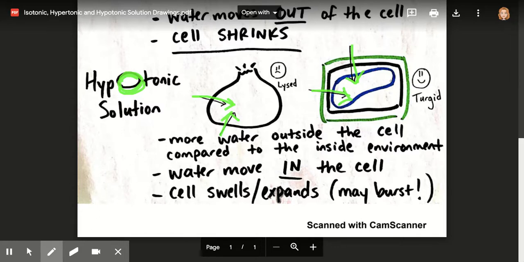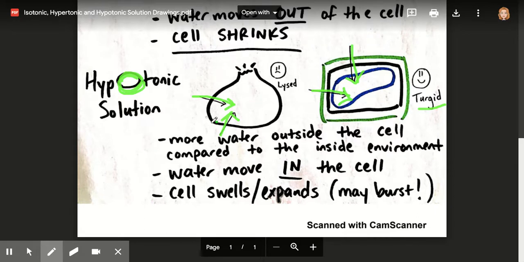When the water goes into a particular cell, if it's a plant cell, the plant cell is actually really happy. That large central vacuole is full of water, and the scientific name for when the plant has a lot of water in its cells is turgid. It's firm. This would be a plant whose leaves are perky and happy.